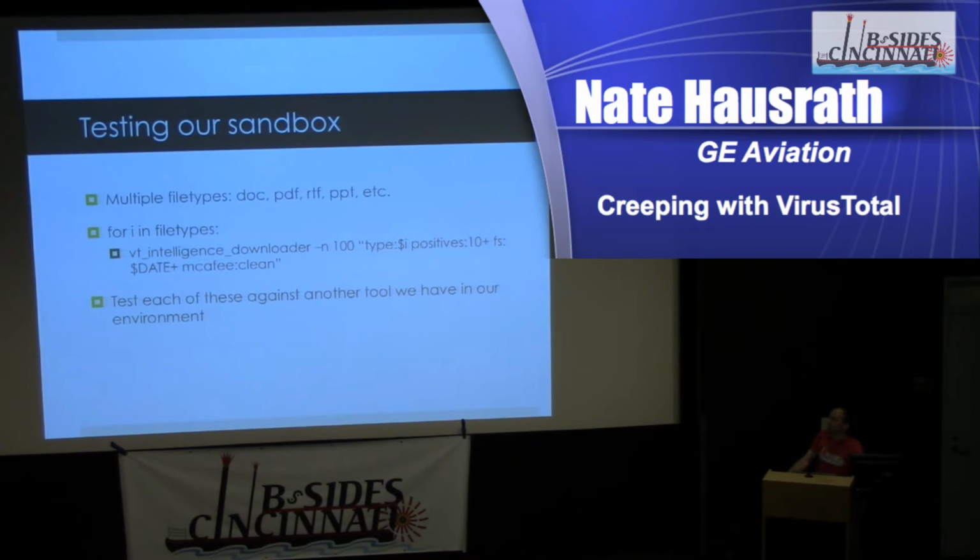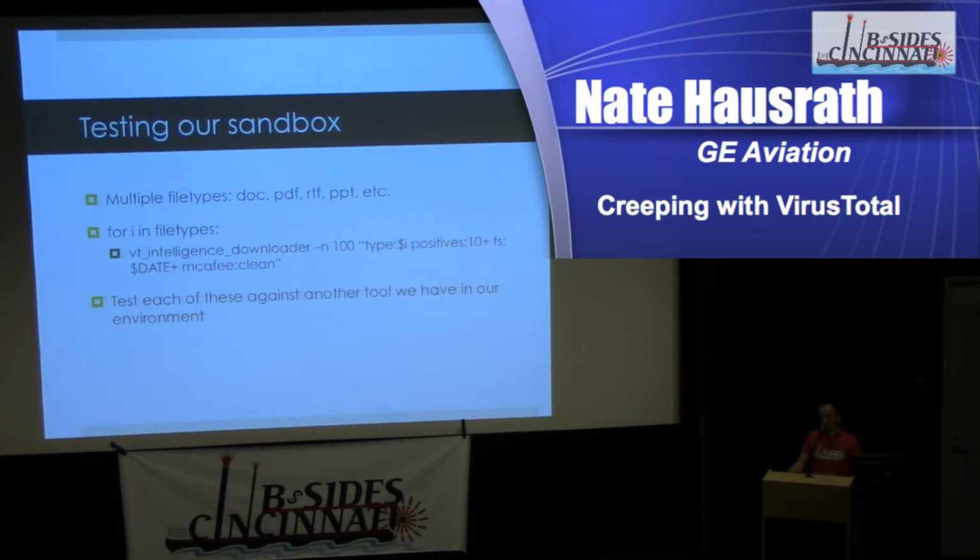Then type is our search pattern inside the quotes, so type doc, type PowerPoint. Positives is a descriptor: we want it to hit on 10 or more AV vendors. So if 10 or more AV vendors thought it was bad, that condition is true, right?